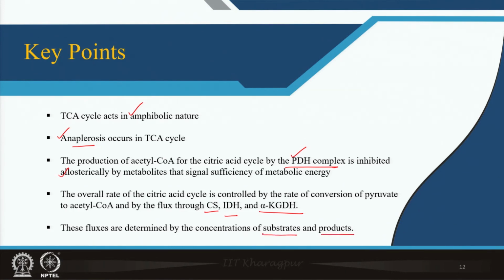If there is more substrate available, the rate of the cycle will be enhanced, whereas if the products are more, it gives feedback inhibition of the TCA cycle. So, this is all about the TCA cycle.